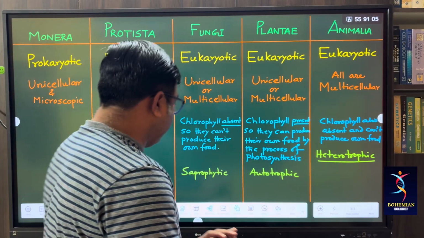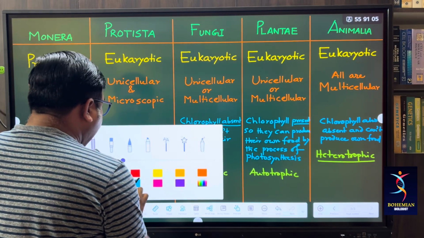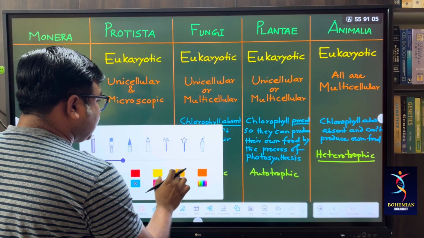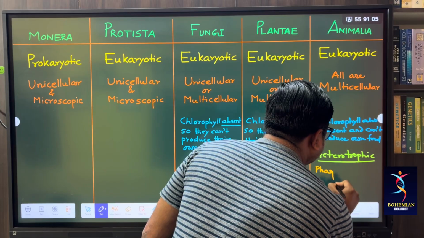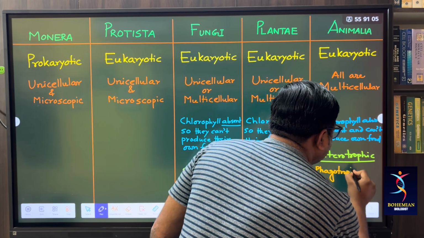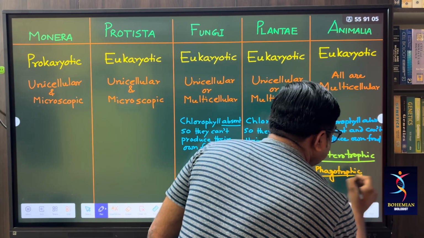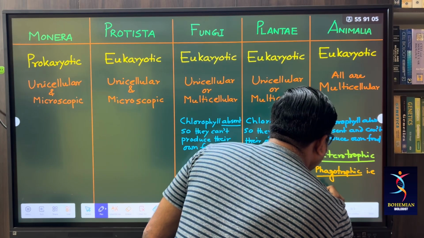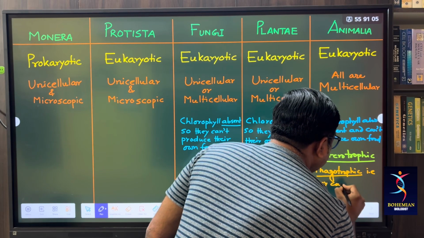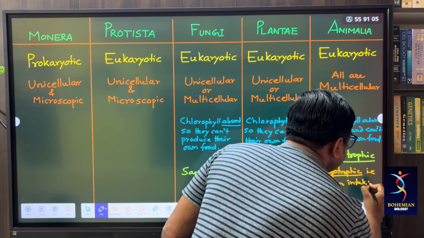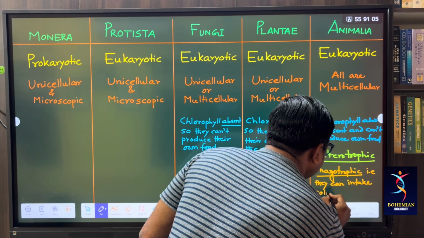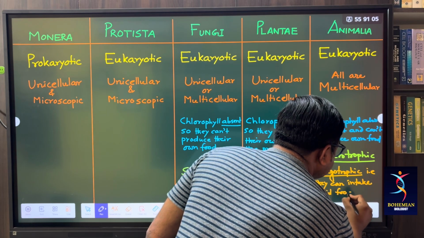They are heterotrophic, but they have another important characteristic, which is that they are phagotrophic in nature. Phagotrophic means they can intake solid food particles.